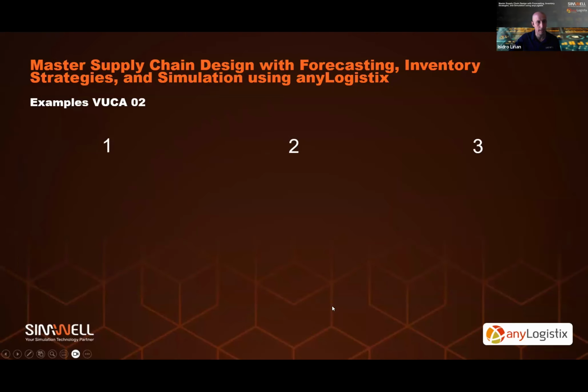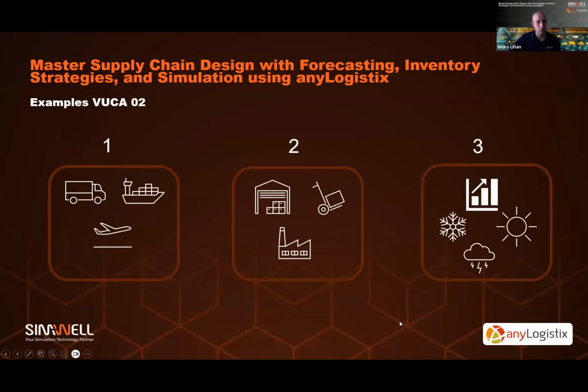We don't have to go that far to find examples for the VUCA world. If we look into our operations, we can see that every day we have disruptions, uncertainty, and complexity in our transportation and supply chain, in our internal operations, and there are many, many factors that affect our demand and make it variable and hard to predict.